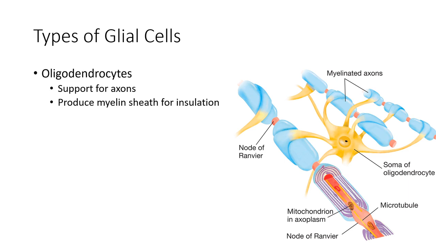So here we're looking at an oligodendrocyte, and here we have a few neighboring axons, and what you'll see are all of these structures coming off of the oligodendrocyte, and they're wrapping around the axons and forming these beads of myelin.